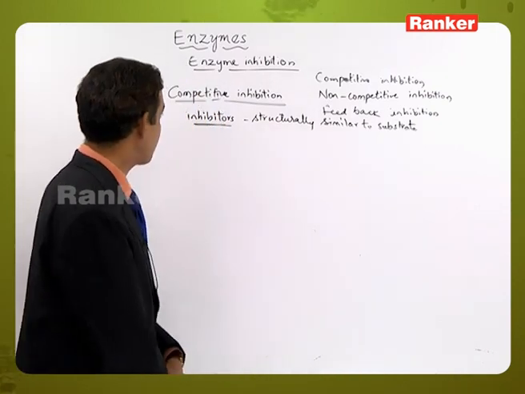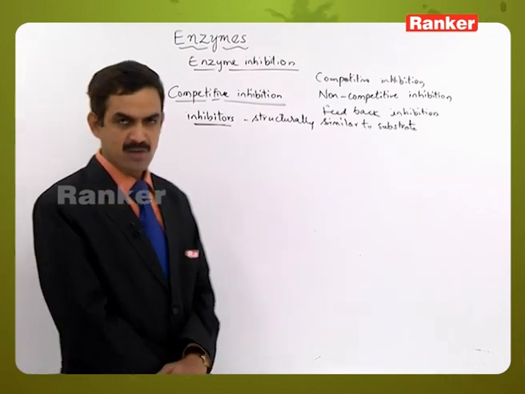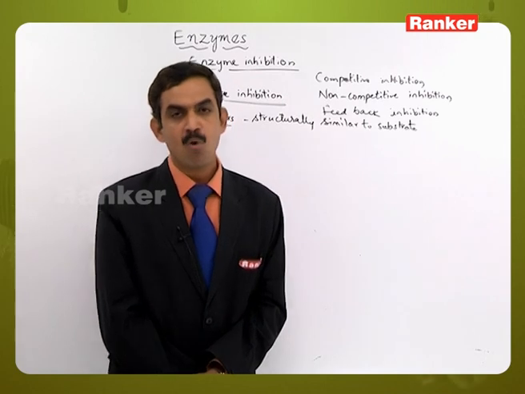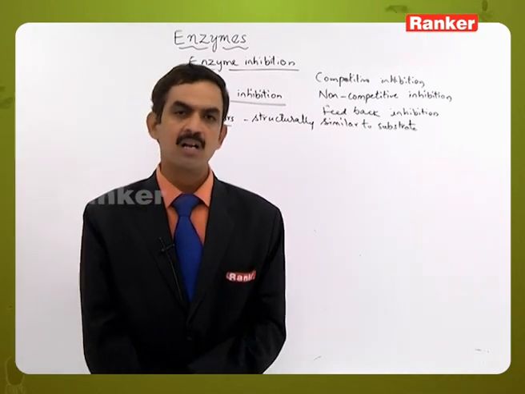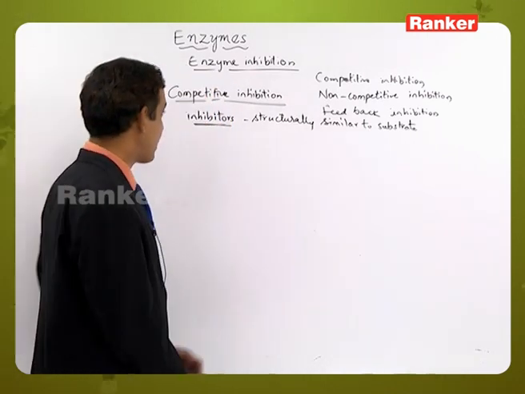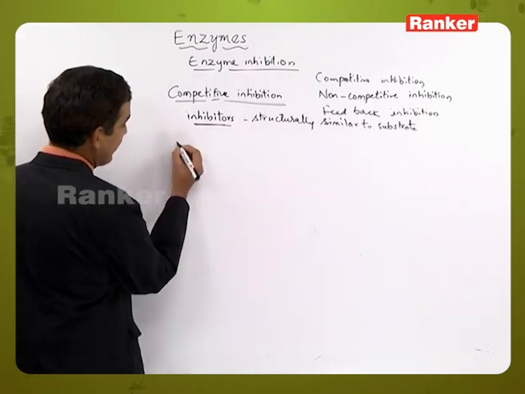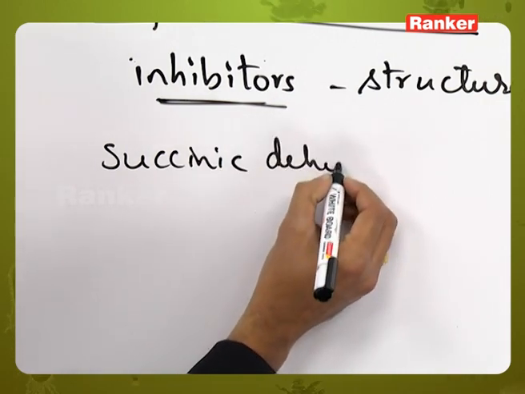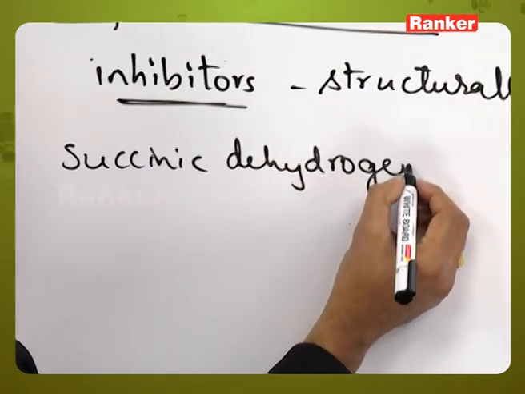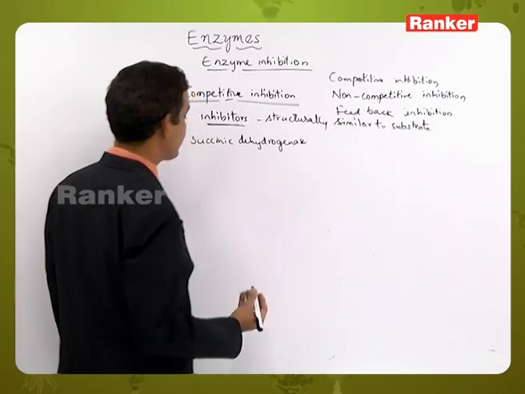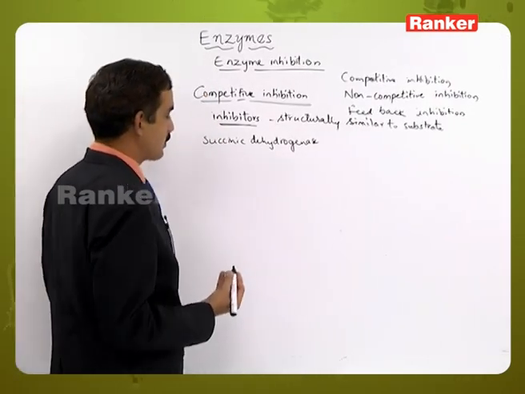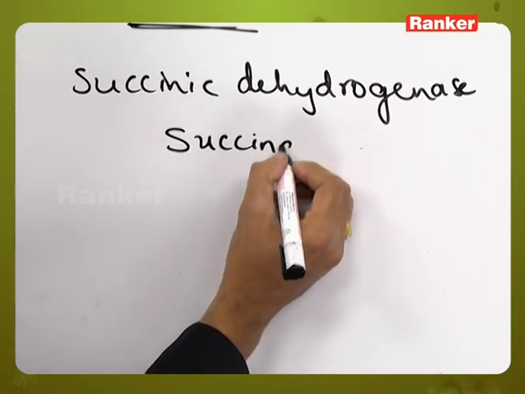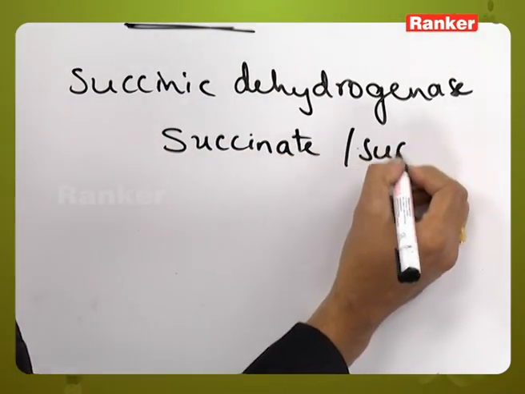This type of inhibition is called competitive inhibition, and the competitive inhibition can be reduced when more substrate molecules are present. Let us take one example here: there is an enzyme called succinic dehydrogenase. This succinic dehydrogenase is specific to the substrate called succinate or succinic acid.